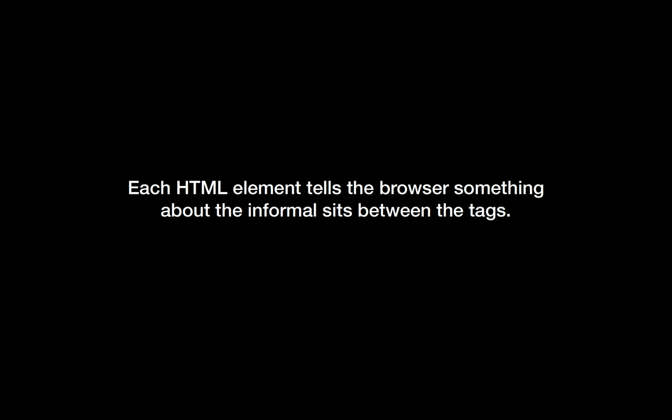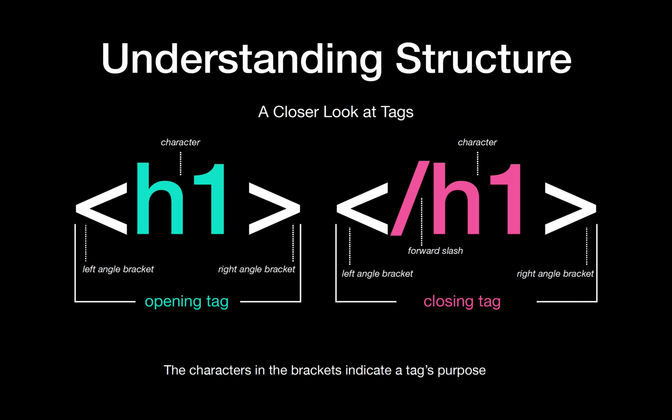So each HTML element tells the browser something about the information that sits between the tags. So here again, let's break this down a little bit more. In our opening tag, we'll have the left angle bracket, the right angle bracket, and the character in the middle.